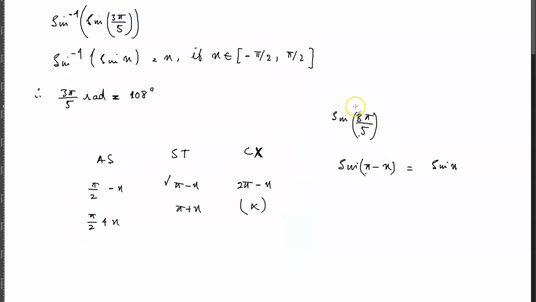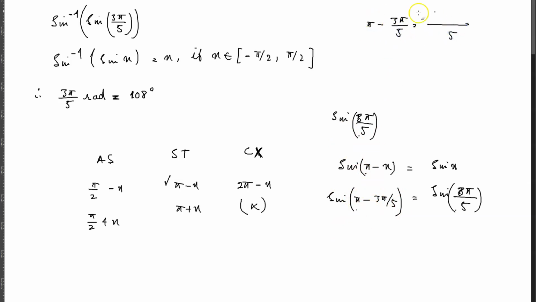So that must be something that I could work with. So now the sine of 3 pi by 5, based on this formula, is equal to the sine of pi minus 3 pi by 5. Now what is pi minus 3 pi by 5? That is 5 pi minus 3 pi, that's 2 pi by 5.